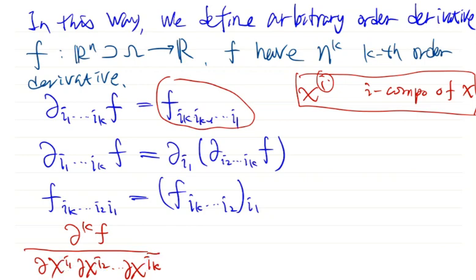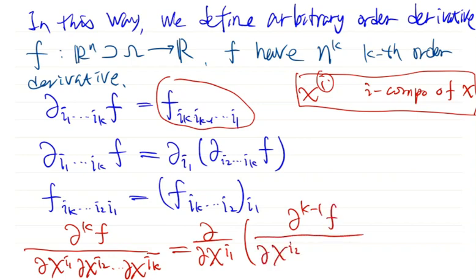This is precisely the partial derivative with respect to xi1 of the k minus 1 order derivative d^(k-1) f over dxi2 ... dxik. So the last line is the classical notation, while the first two lines are modern notation, which will be more convenient in application.